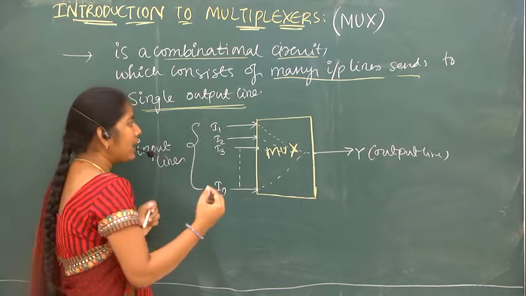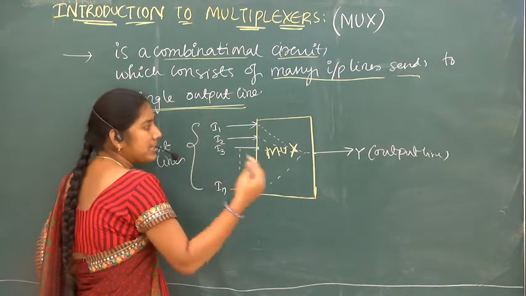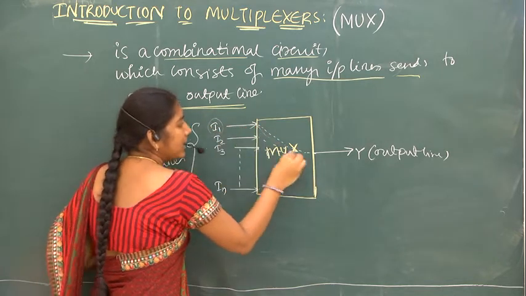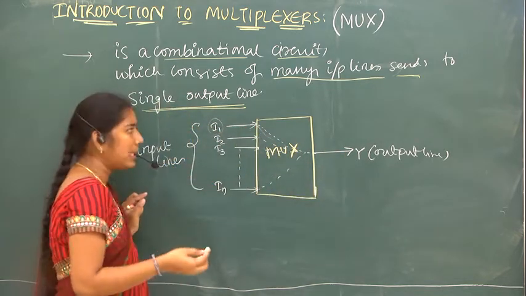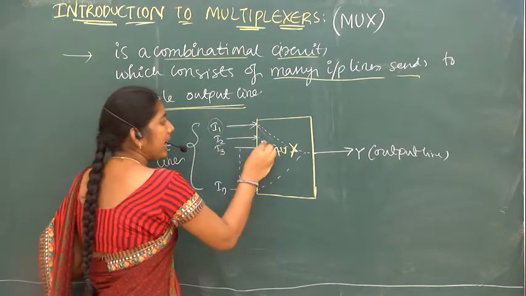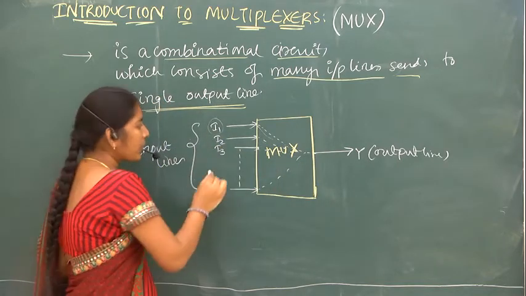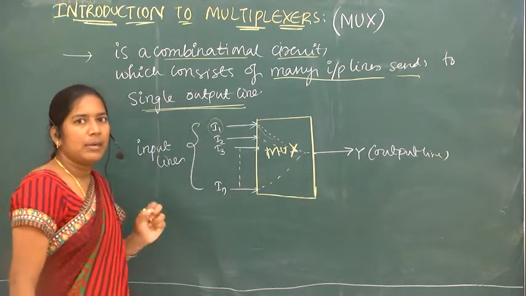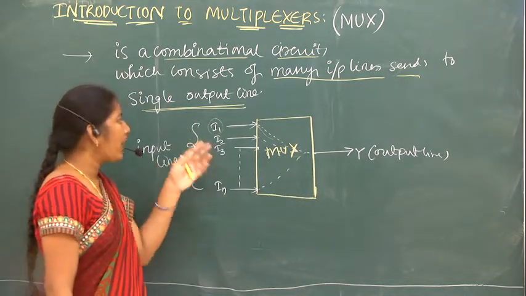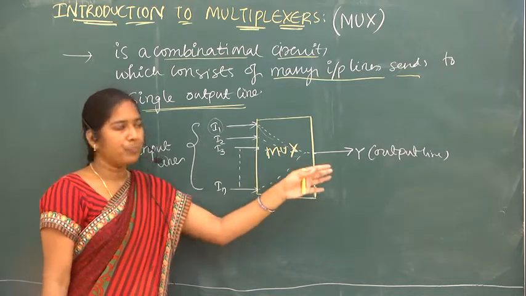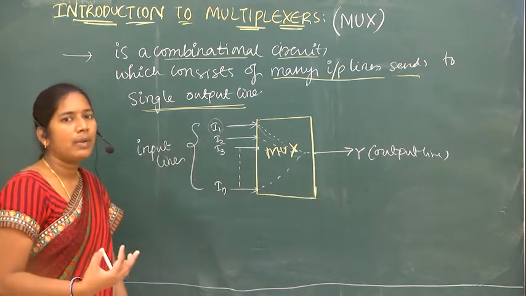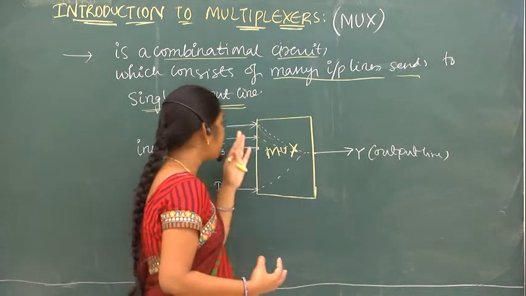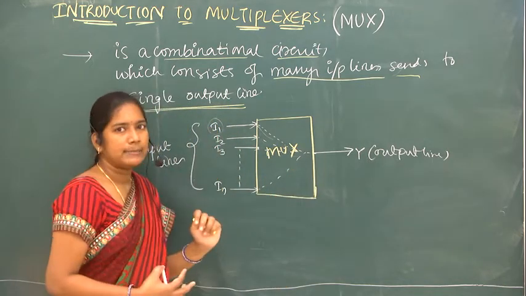For the first instant, we'll consider only I1 data is transferred to the Y. Similarly, for the next instant, I2 data will transfer to the Y. Next, I3 may be transferred to the Y, like that. But at every instant, only one input line is directed to the output line. Then how can it transfer? How can it select these input lines?